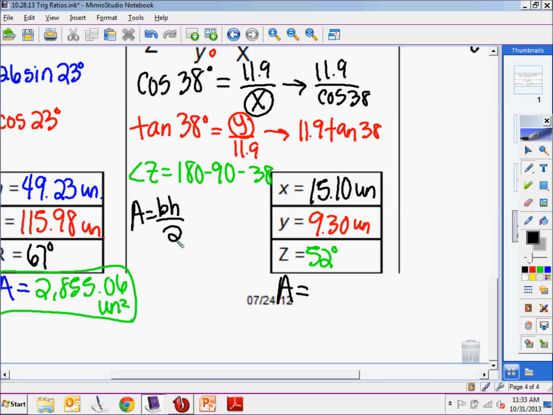Your base is going to be 11.9. 11.9 times 9.30, divided by 2.